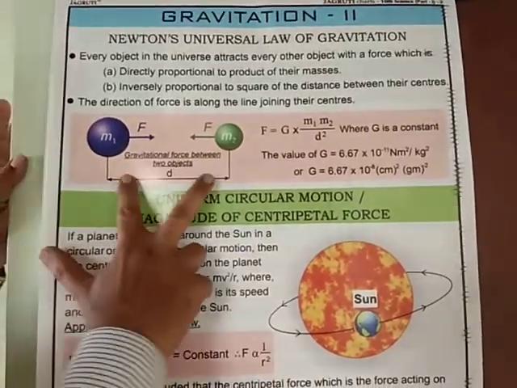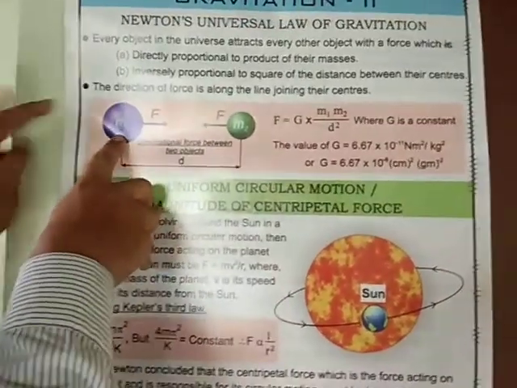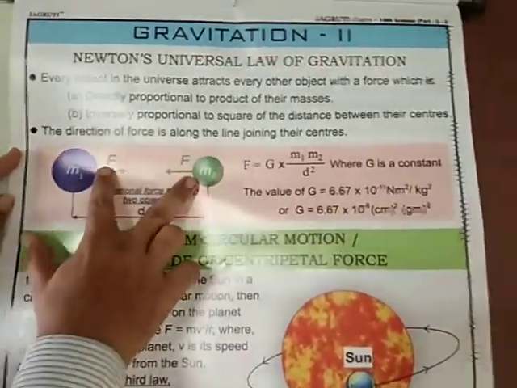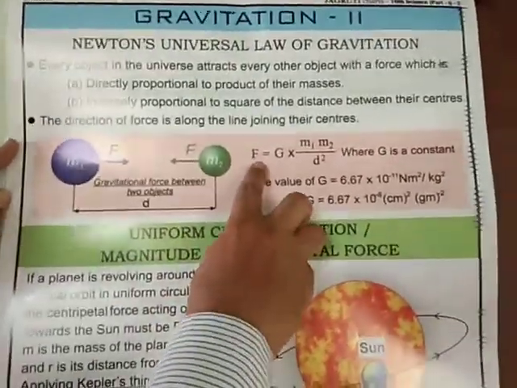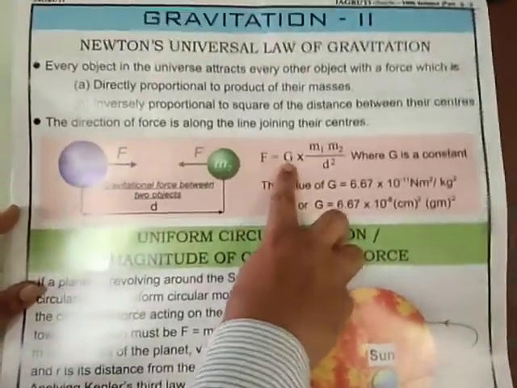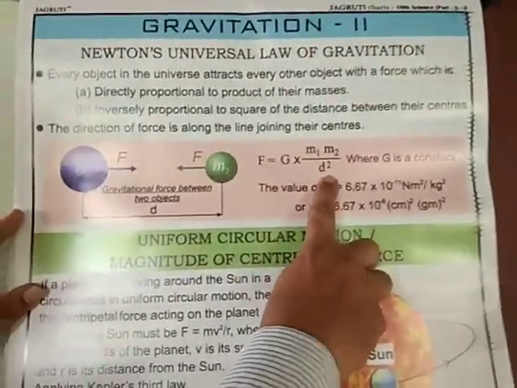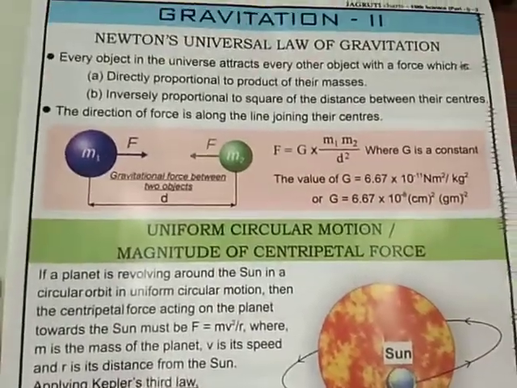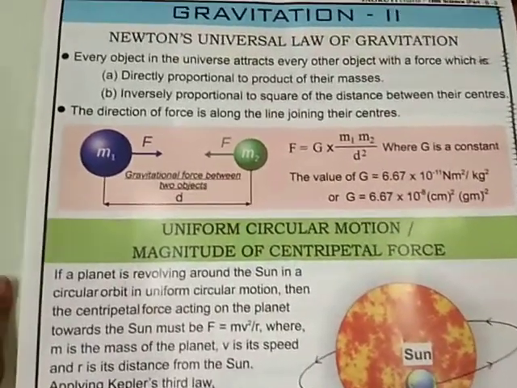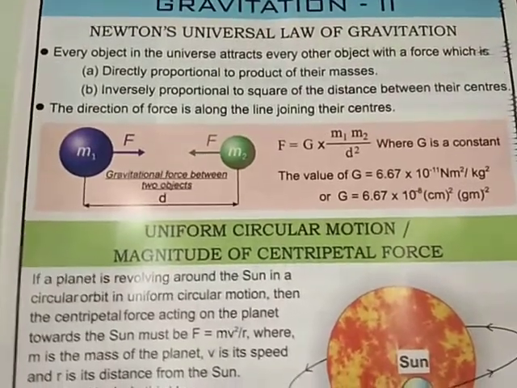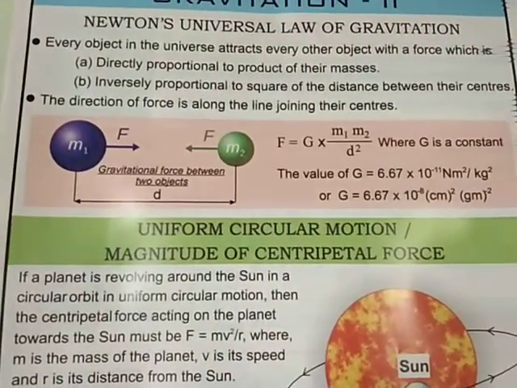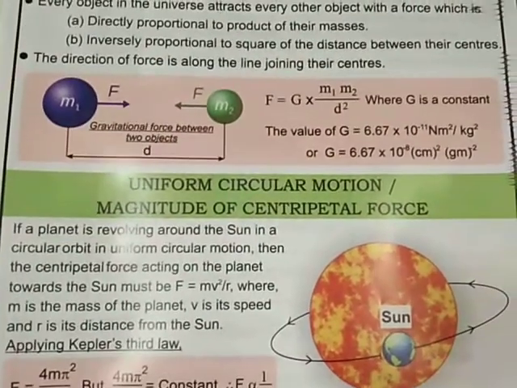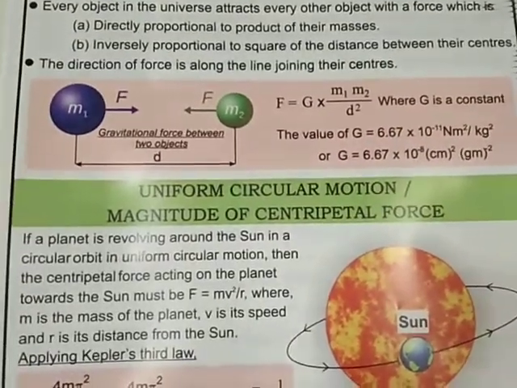Suppose m1 is one object and m2 is another object, and the force of attraction between them is the gravitational force. Gravitational force is equal to G m1 m2 divided by d square, where G is a constant. The value of G is 6.67 into 10 raised to minus 11 N m square per kg square, or G is equal to 6.67 into 10 raised to minus 8 cm square per gm square.